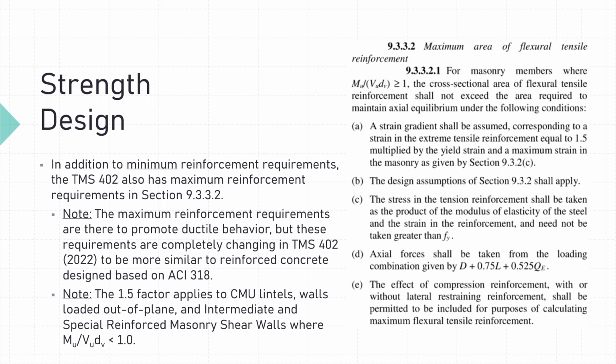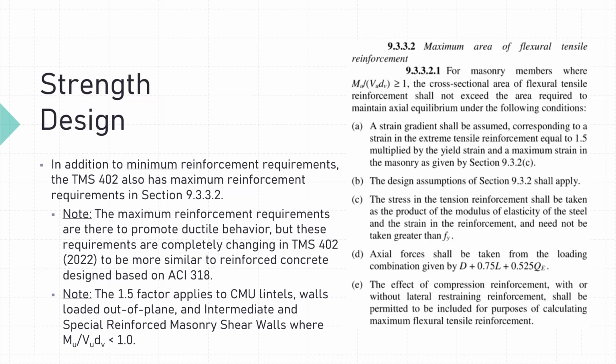Again, this has not been published yet, but I believe these requirements will indeed be in there. And it makes it very similar to ACI 318, which, if you know how to design concrete beams, is good. And so we'll go through what they are now, and at the end of today's presentation, I'll show you what they're going to be. And so here they are, 9.3.3.2 on the right-hand side.